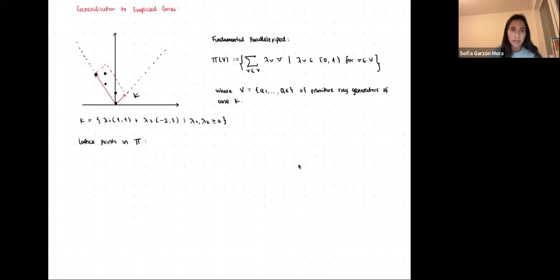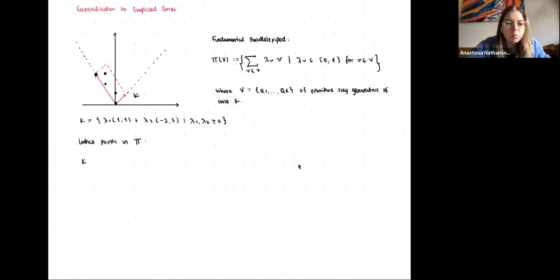So I have 5 for now, right? But our idea is that if we translate this fundamental parallelepiped by the right amounts, then we're going to cover all of the lattice points on the cone, right?